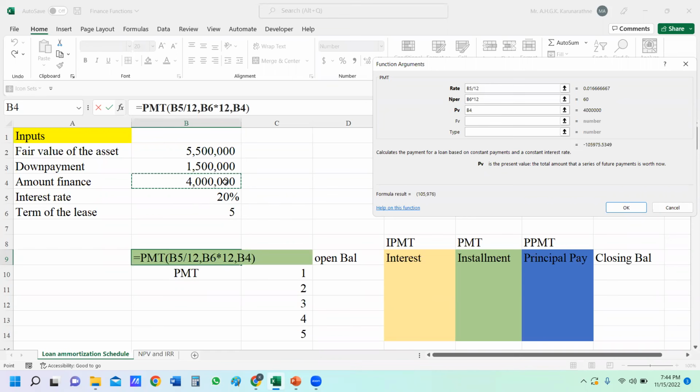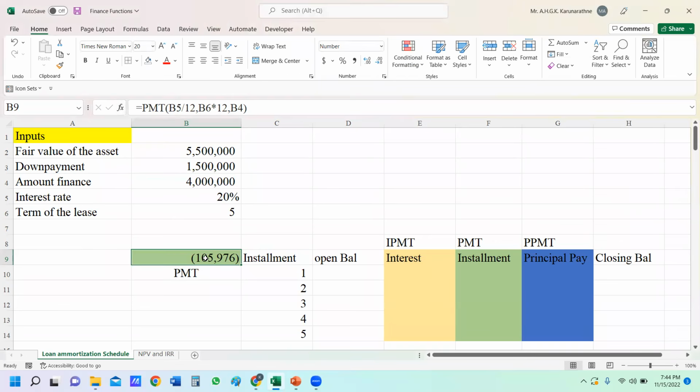Future value, if you are going to create a saving, you don't need it, so we will leave it blank. That means it implies 0. Type 0 means you are telling Excel you are going to repay the loan at the end of each month. Yes, in most loan arrangements, repayment occurs at the end of each month, unlike an insurance policy. So accordingly, this is our monthly loan installment.